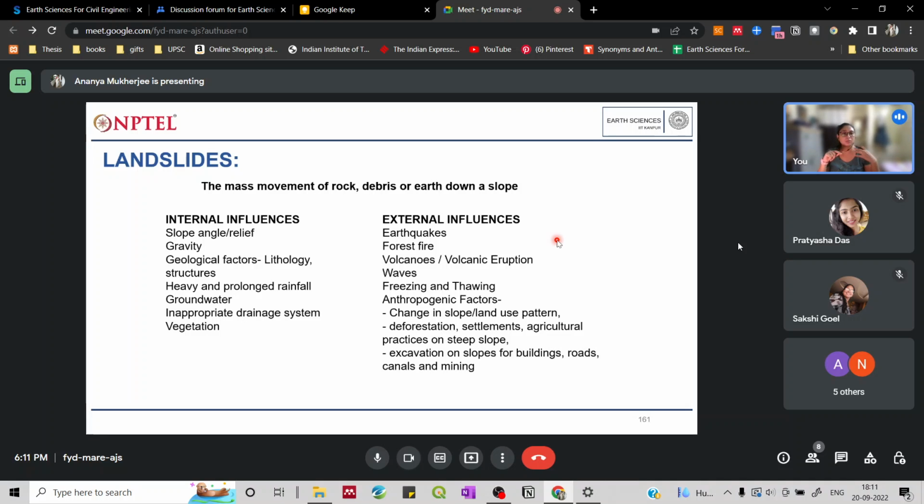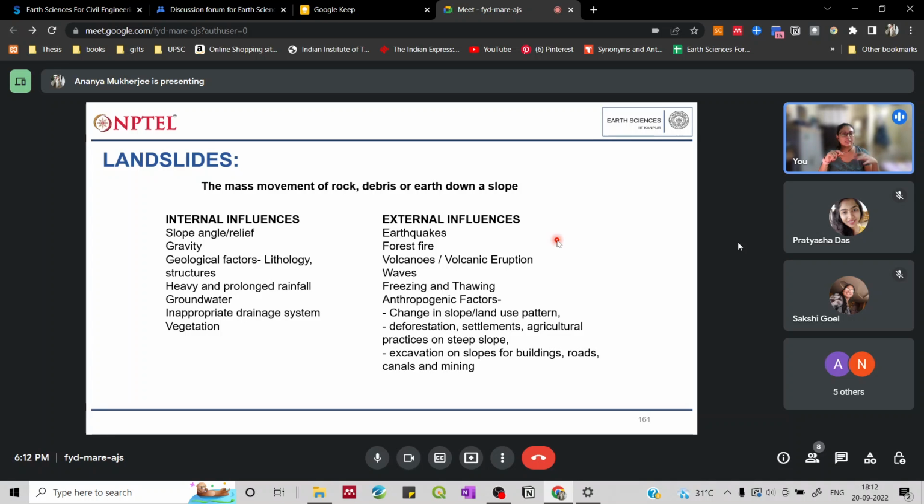Then the most important factor recently has been anthropogenic factors, which consist of the changes that we have in the use of land right now. More agricultural land or more urbanization has led to deforestation, and that loosens the soil. Then there is improper drainage pattern.